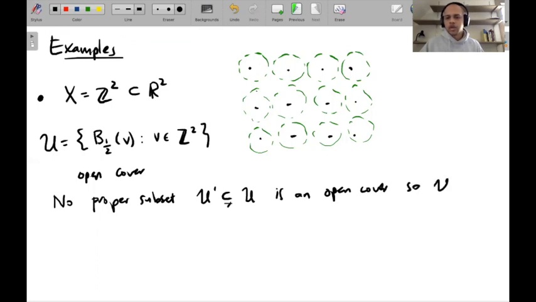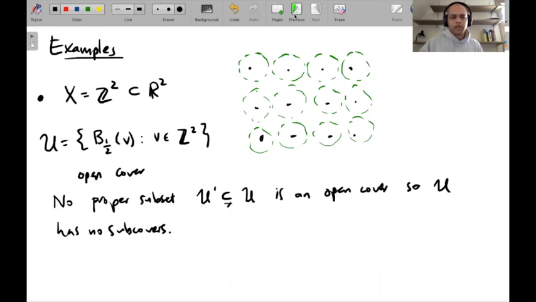So U has no subcovers. Because if you remove any one of these open sets, then you no longer cover, because you don't contain the point that that open set contained.